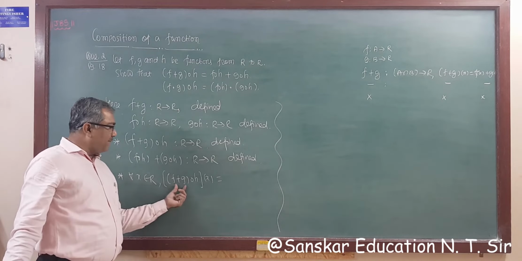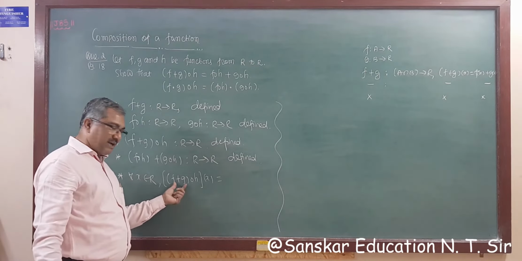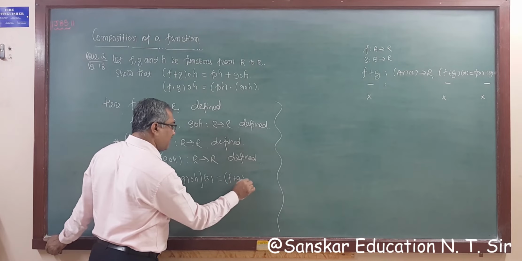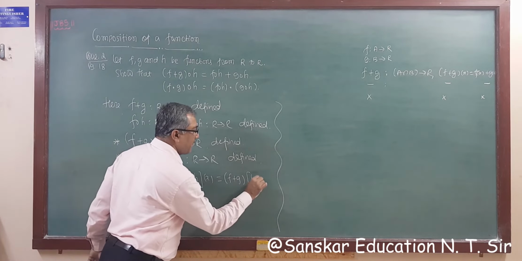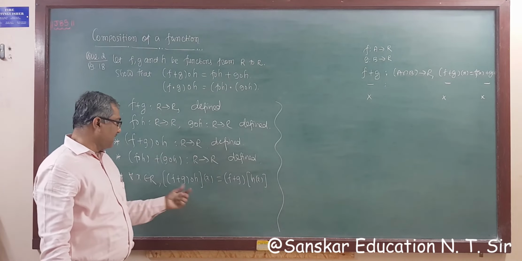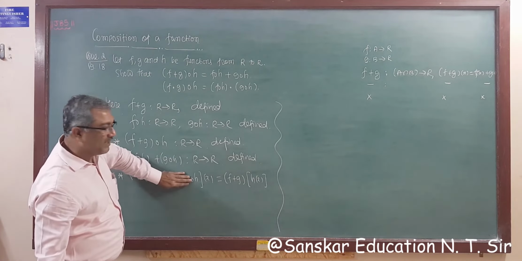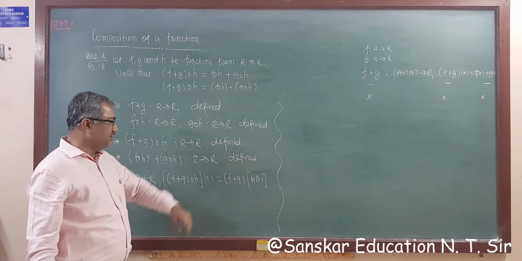Here the composition will be cut, so we will get f plus g of h of x. Got it? F over g means f of g x. So this is f over h, that is f of h x, but it is f plus g.